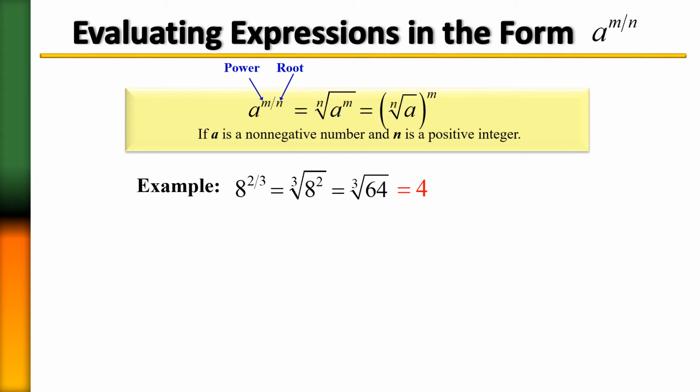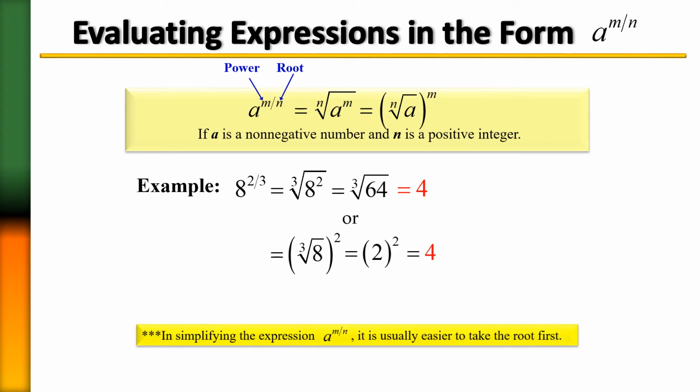So if we write that expression, instead of putting the 2 next to the 8, if we put our radical in parentheses and place the 2 outside in the upper corner, we can solve the root. The cube root of 8 is 2. That gives us a much smaller number. And so 2 squared means 2 times 2, which still gives us 4.